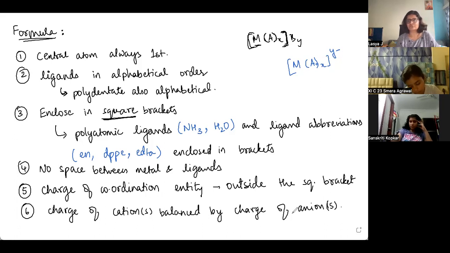Suppose you know that this is the cation and the anion is B minus. Then you use that crisscross valency rule. The charge should be balanced. So that's how this becomes BY.